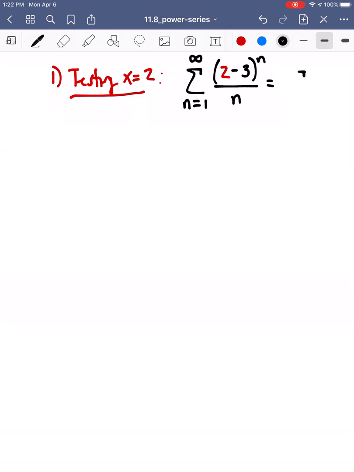So the series we're looking at for testing for convergence is now the series of (-1)^n over n. And well, this is an alternating series, so we can apply the alternating series test.